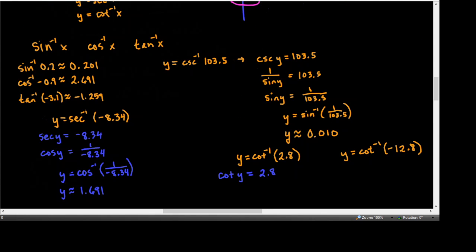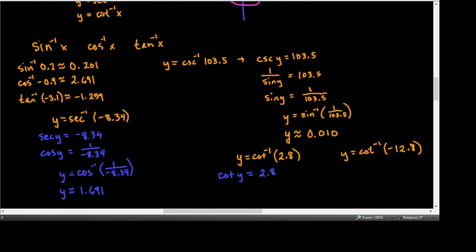For all of these, the range of sine inverse, what was that? It was negative pi over 2 to pi over 2, right? Is 0.201 between negative pi over 2 and pi over 2? Yeah, pi over 2 is 1.57. Yeah, it's definitely between, so that's good.